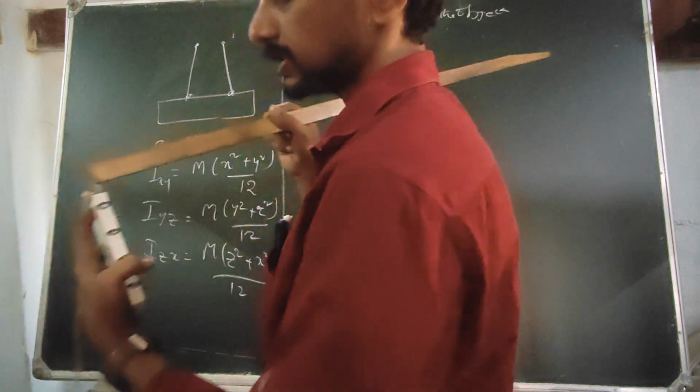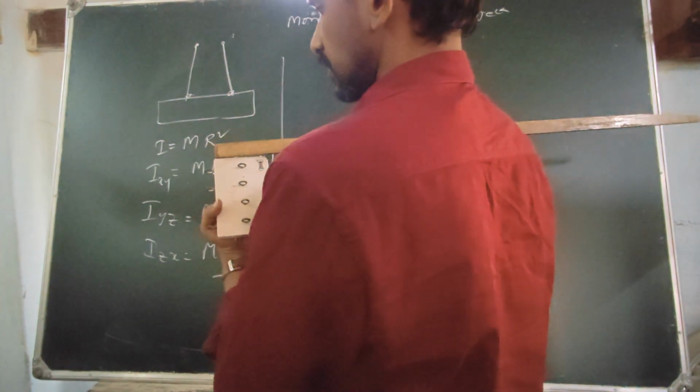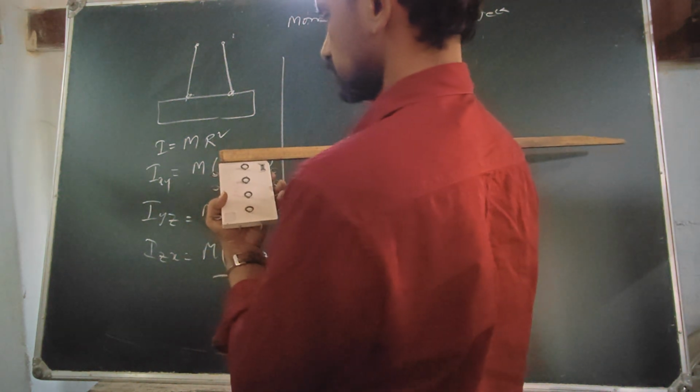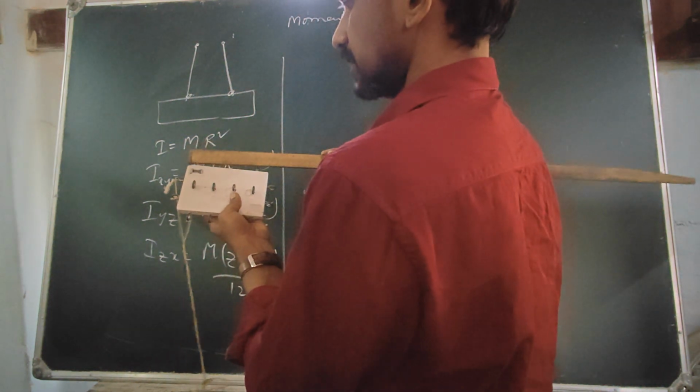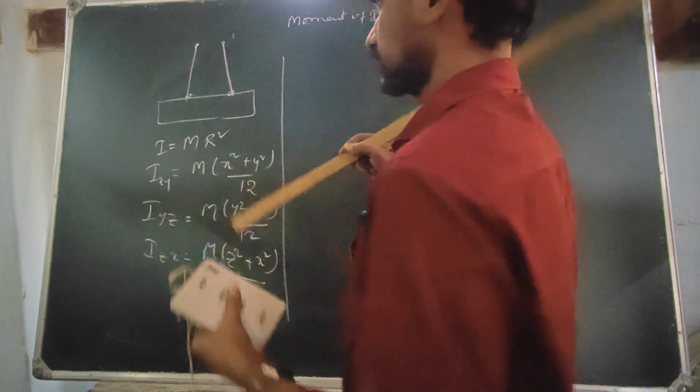So along the z direction it has a width of 1 centimeter, along the y direction 9 centimeters, and along the x direction 14.5 centimeters. So x is 14.5, y is 9 centimeters, z is 1 centimeter.